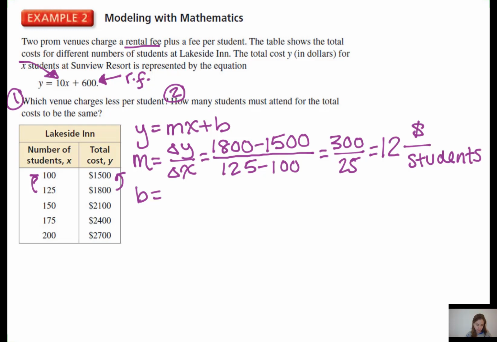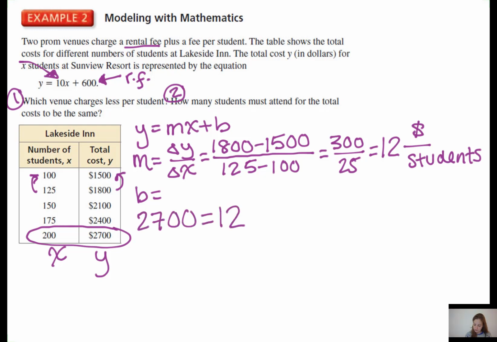I can fill in, this is my y, this is my x, and I have my m. So we have 2,700 equals 12 times 200 plus b, and I can solve for b.